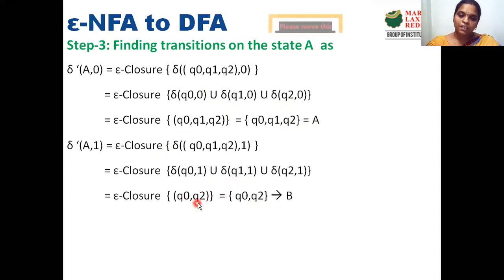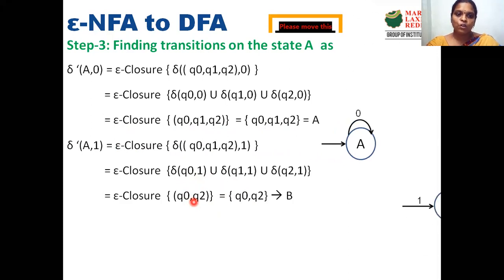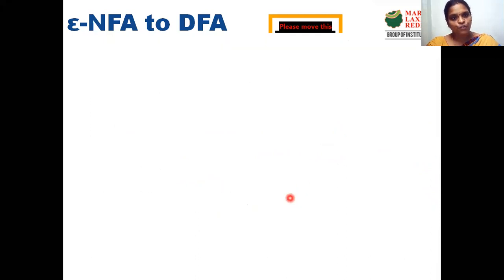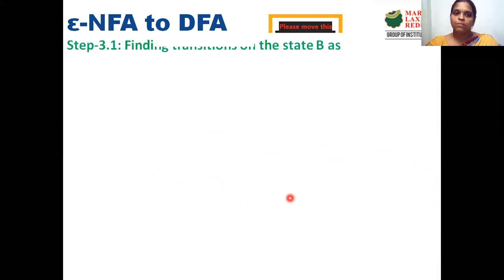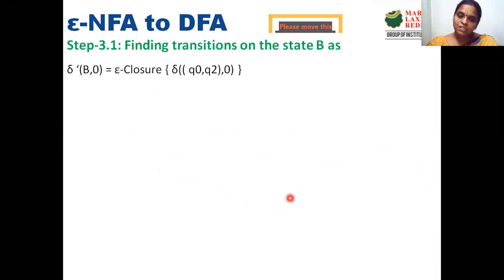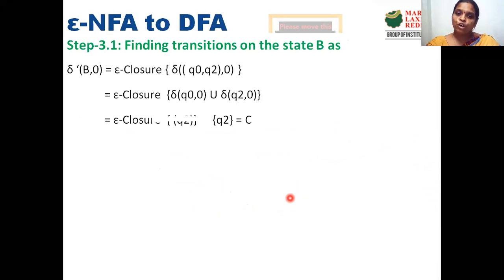We obtain a new state, Q0, Q2, which we treat as B. Representing this in the diagram, A on 0 is A and A on 1 moves to B. Now from state B we find the transitions. Delta of B comma 0, that is Q0, Q2 on 0: Q0 on 0 has no transition, and Q2 on 0 is Q2 itself. That gives a new state C.